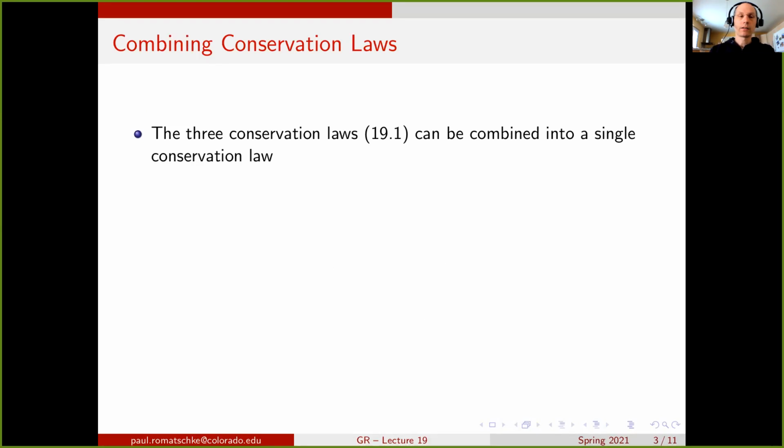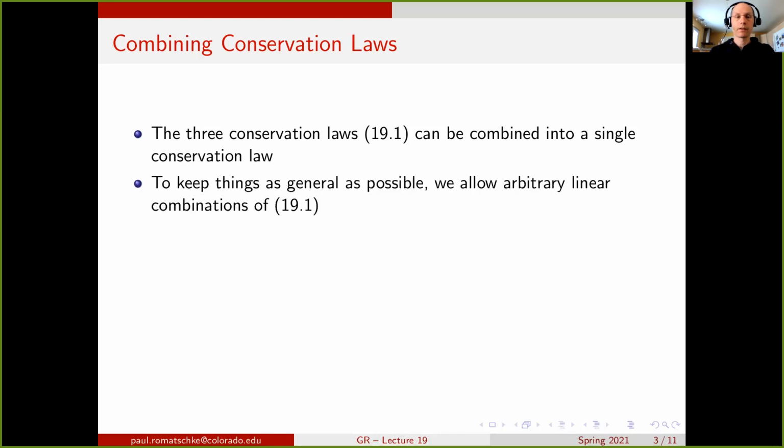It turns out we can use the three conservation laws, equation 19.1, and we can combine them into a single conservation law by just using linear combinations of the three. To keep things as simple as possible, I will choose one coefficient of these three to be unity, and then we have two arbitrary coefficients that we can use to build linear combinations.